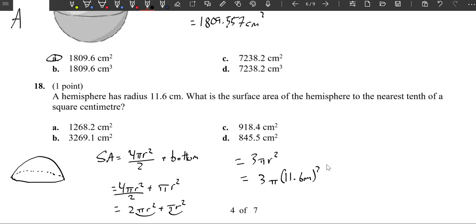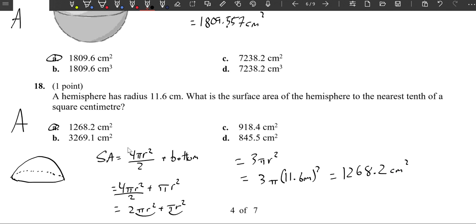So we take 11.6, we square it, multiply it by 3, multiply it by pi, and we get 1268.2. And that is centimeters squared.